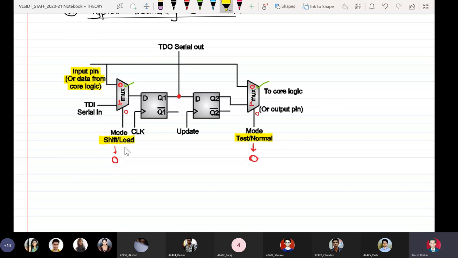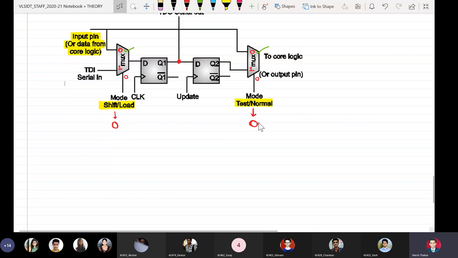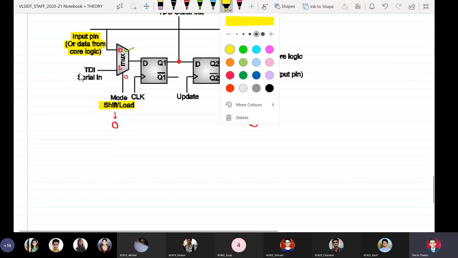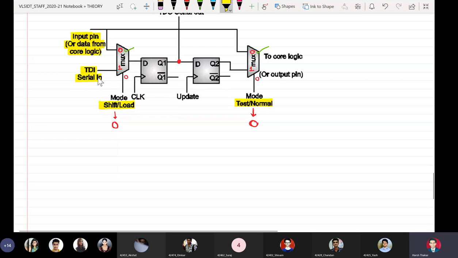Clear? So when this is 0, it is called load. Load what? The input data or data coming from core logic is to be loaded. So we have TDI or serial in. Data is coming from here. Basically a shift register, shift right.